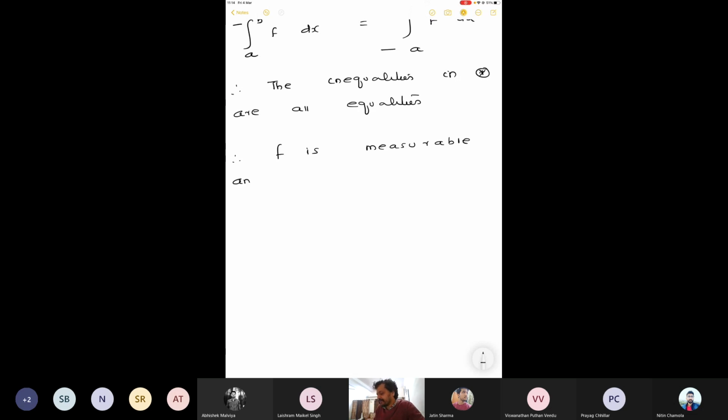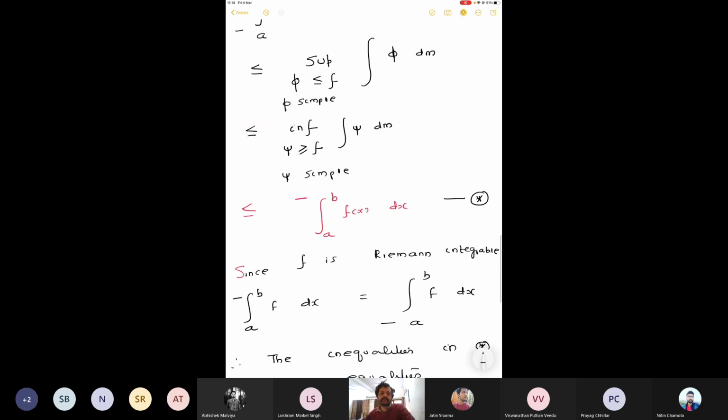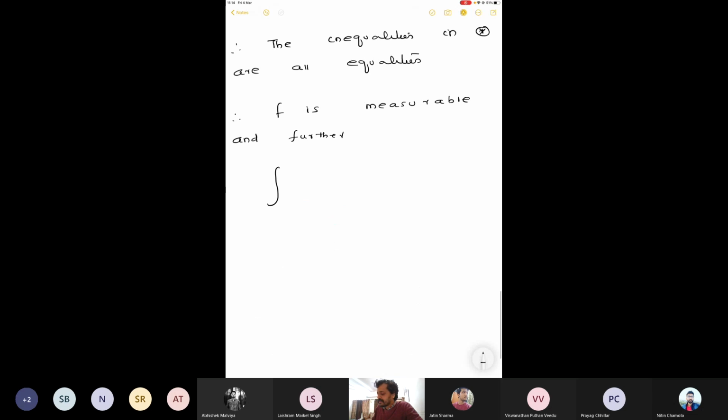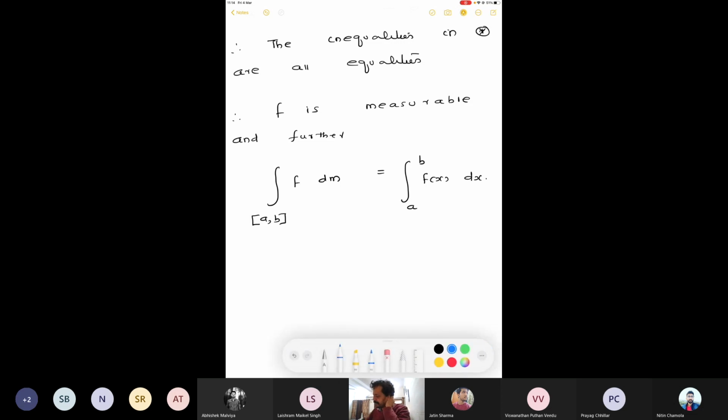And further, the second quantity or the third quantity is what we call the integral of f dm. Okay? But they are equal. So the integral of f dm, Lebesgue over AB, is the same as the integral over a to b of f of x dx, Riemann.